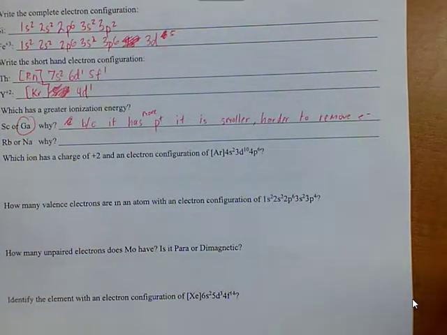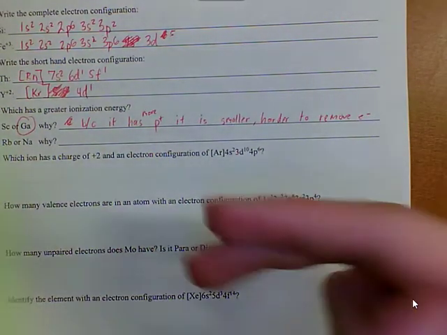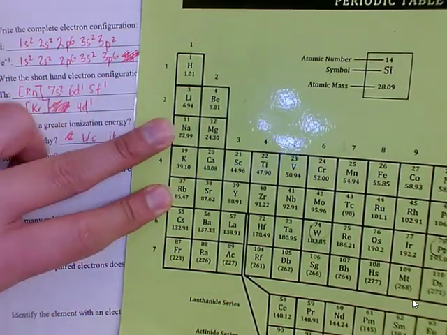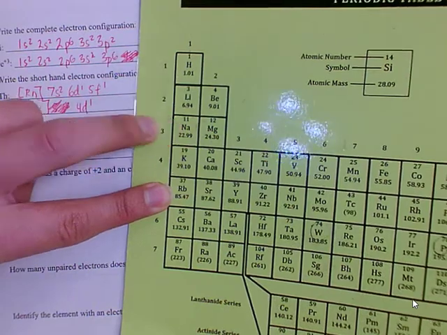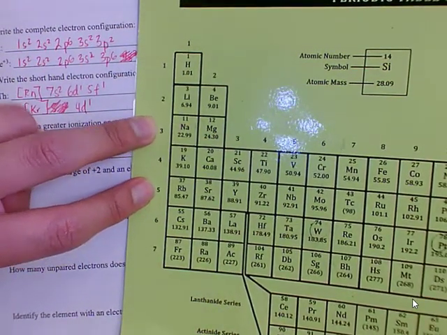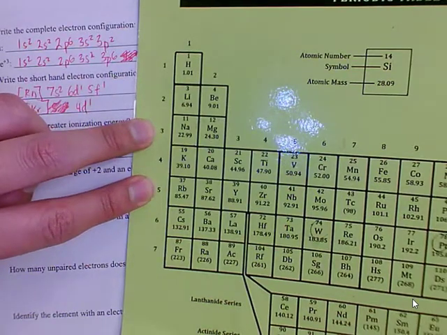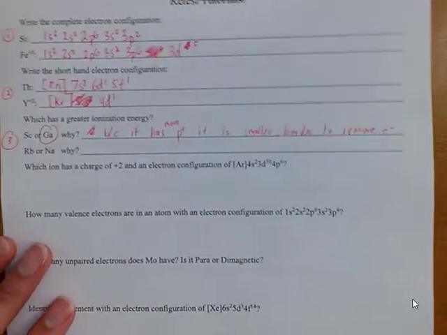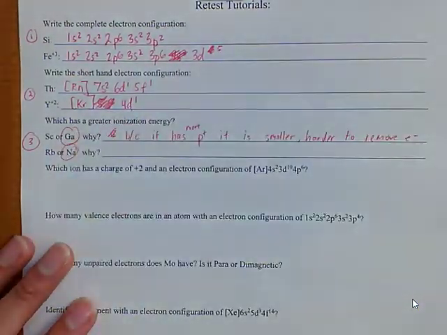Okay. All right, the next two, Rb and Na. Rb is here, Na is up here. So this one's going up and down. So if we look, Na is in the 3rd period, whereas Rb is in the 5th period. That means Na only has 3 energy levels, whereas Rb has 5 energy levels. So, which one has a greater ionization energy? Na.